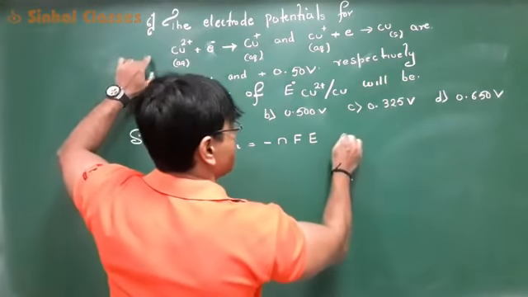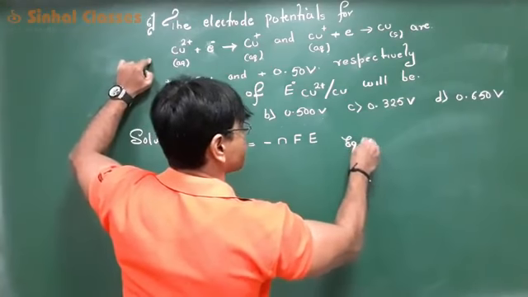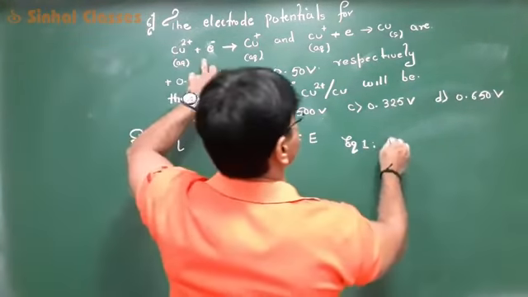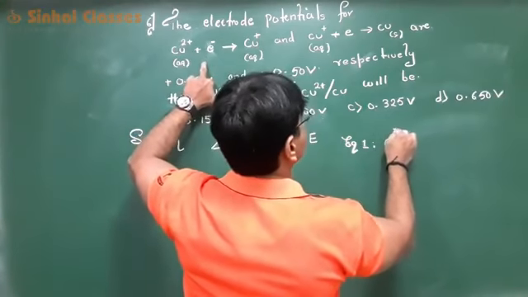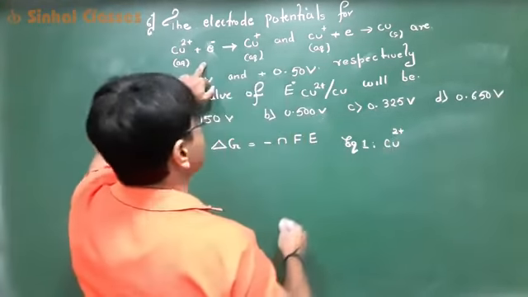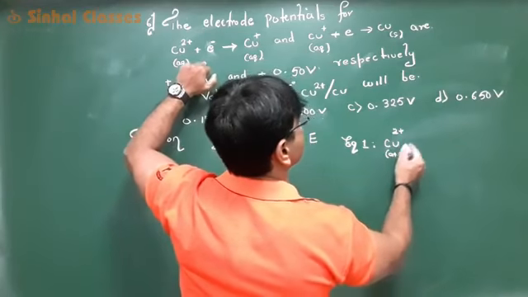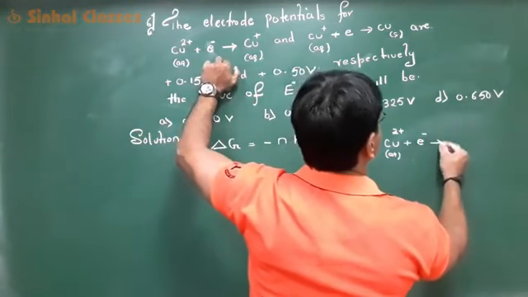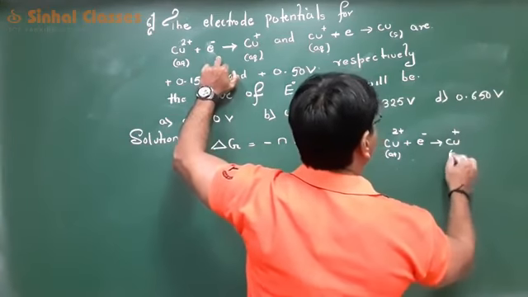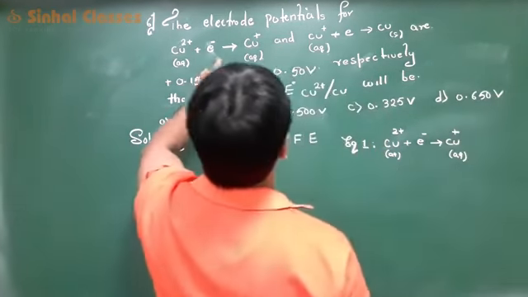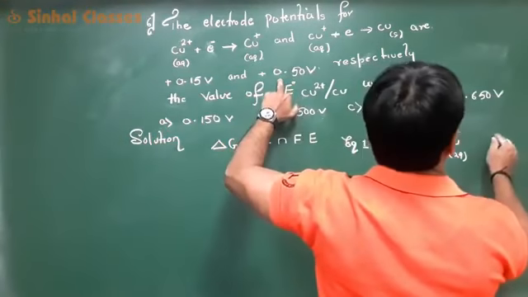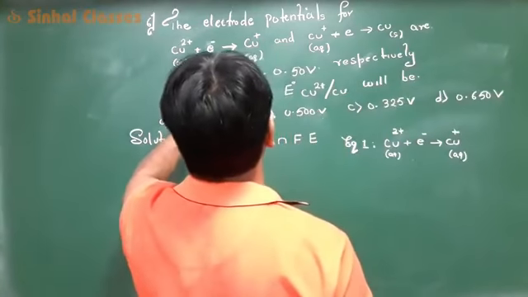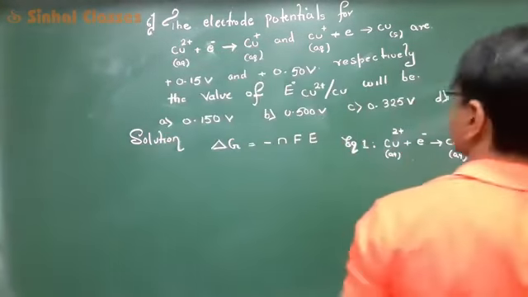Let's consider equation number 1, which is Cu2+ aqueous plus an electron giving you Cu+ aqueous. For this, the voltage given is 0.15 volt.